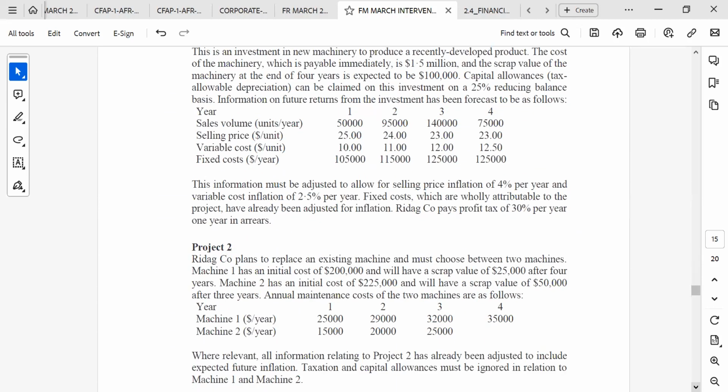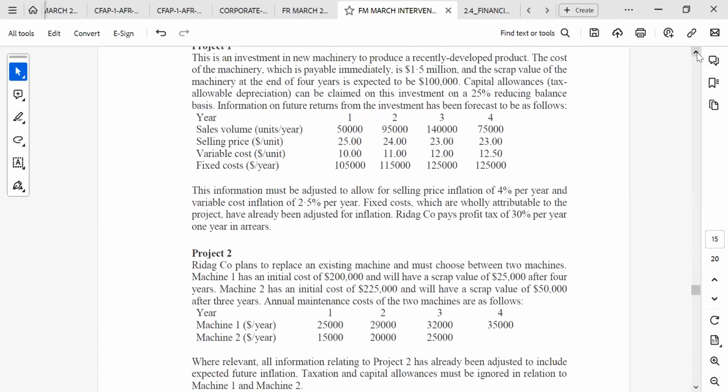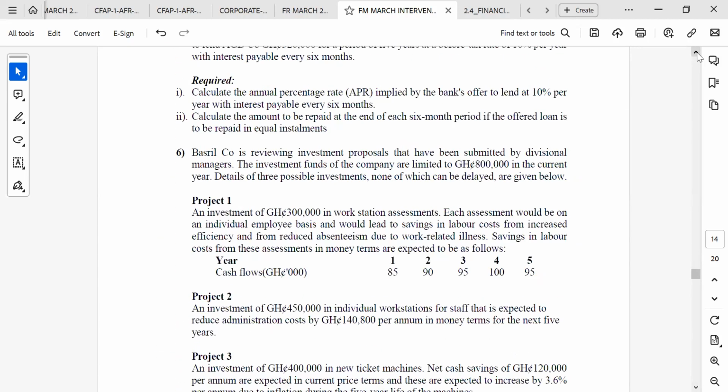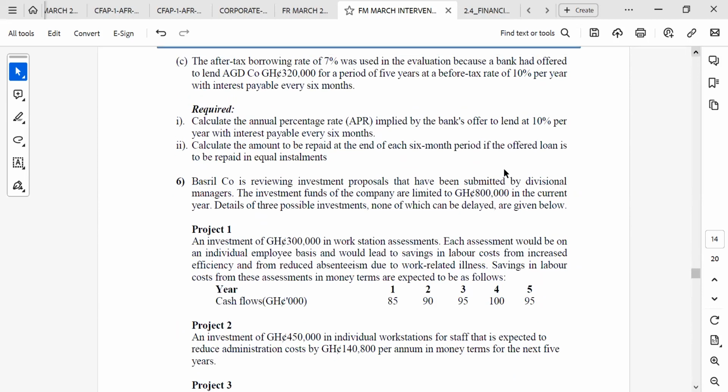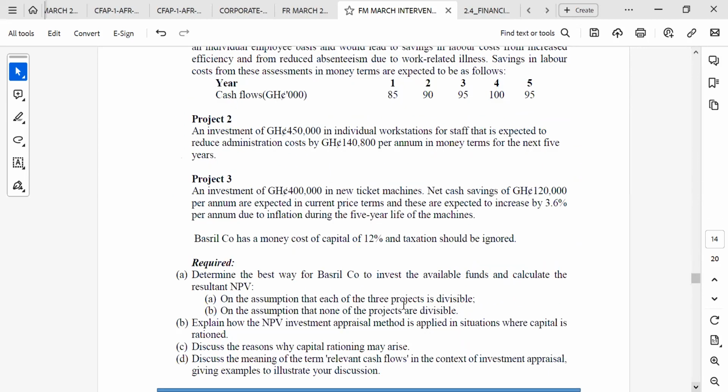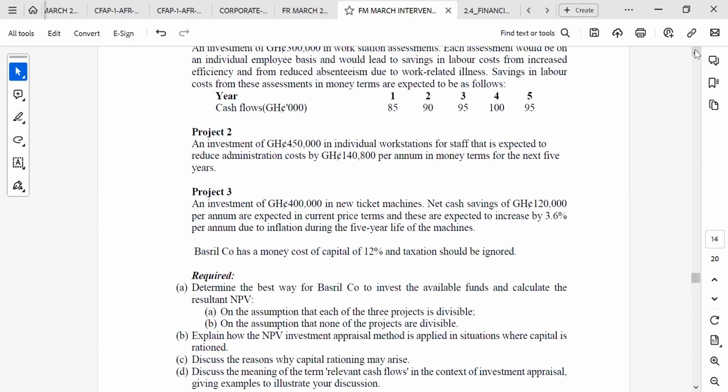If we have time, we can also look at nominal and real net present value, or what to do if you want to undertake projects and the projects are divisible or not divisible. And what do we call capital rationing? Capital rationing is a situation where you have projects, but the money that you have available is not enough, and that is when we use the profitability index to rank the projects.